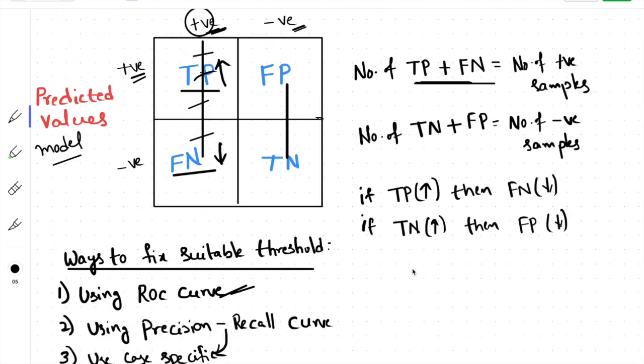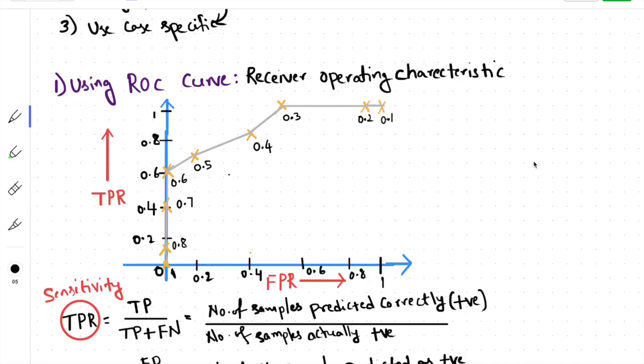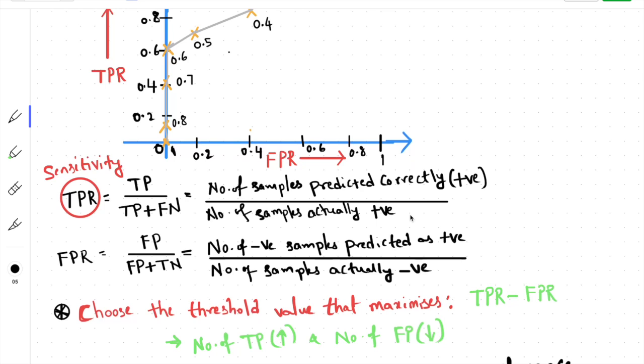So false positives plus true negatives is again here, that is nothing but the number of negative samples in our data, right? So this false positive rate is nothing but the number of actually negative samples that the model has predicted to be positive. So in our data we have some negative samples, but our model is predicting them to be positive. So that ratio is nothing but the false positive rate.